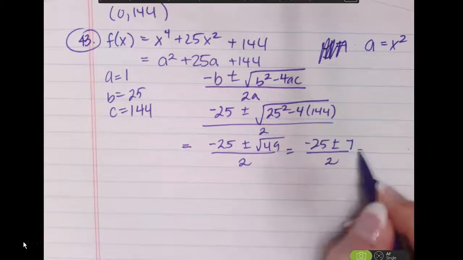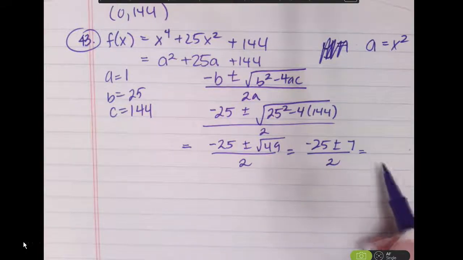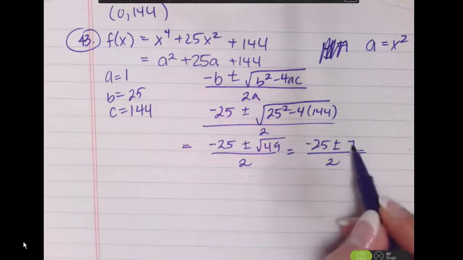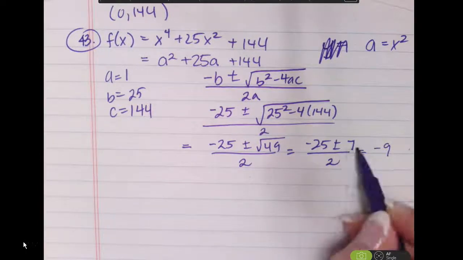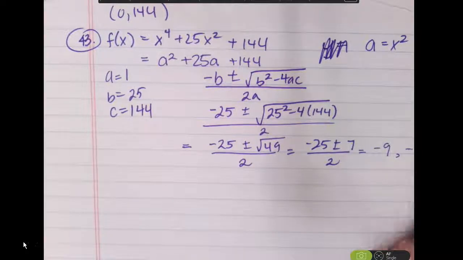Okay, so it's weird that I'm getting just a negative number here. Like maybe I didn't look in the right place on my graph or something. So let me work this out. Negative 25 plus 7 is negative 18 over 2, so that's negative 9. Negative 25 minus 7 is negative 32 over 2, so that's negative 16.